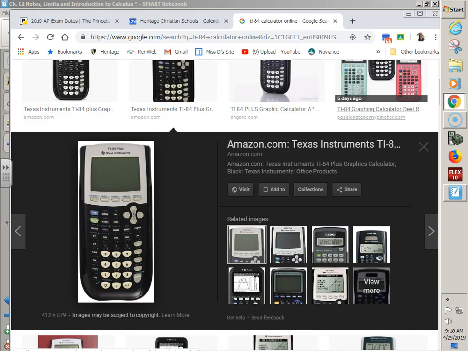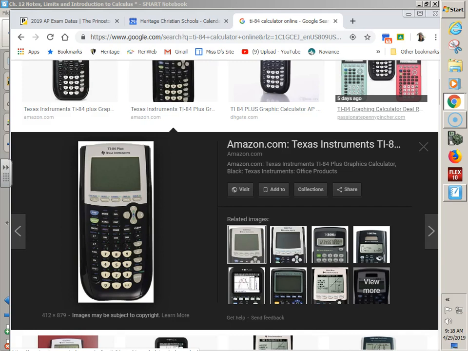But can you guys do second window? In table setup, isn't there something for the independent var where you can go from auto to ask? Go to ask. You want the calculator to ask you what x is. You're like, no, I'm in control. Take the control back from the calculator. Auto means it's just going to spit out whatever your settings tell it.